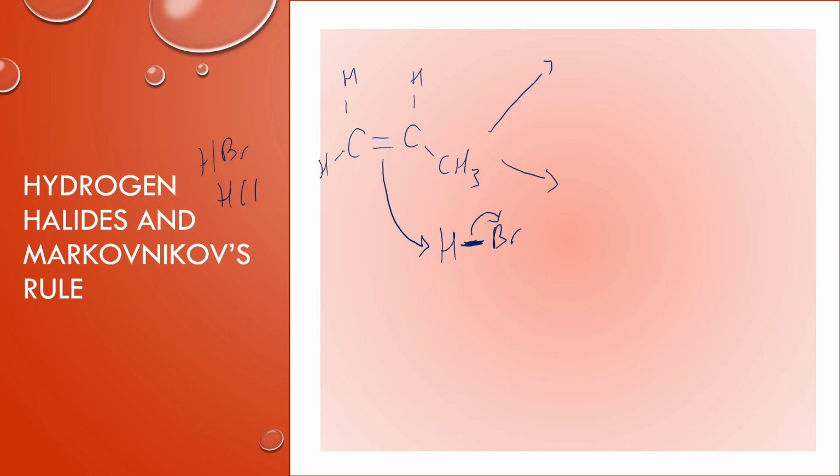You could either add the hydrogen in the right part, which turns out to be our middle carbon in propene, like this. And of course, you still have your bromide being formed.